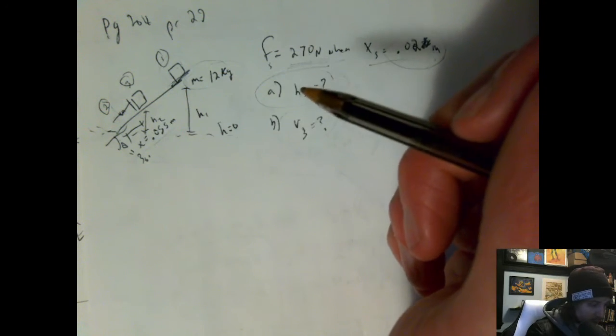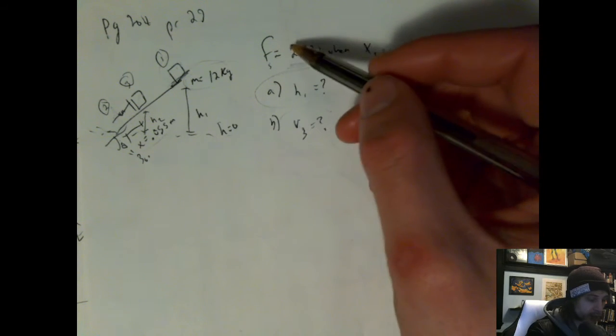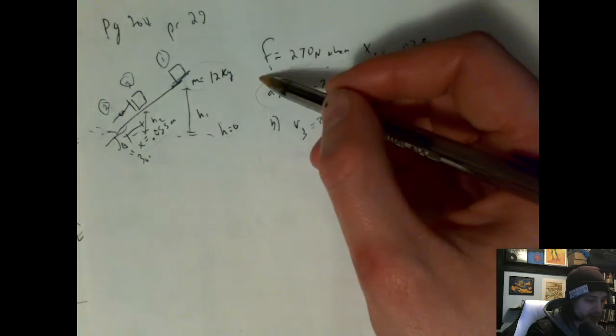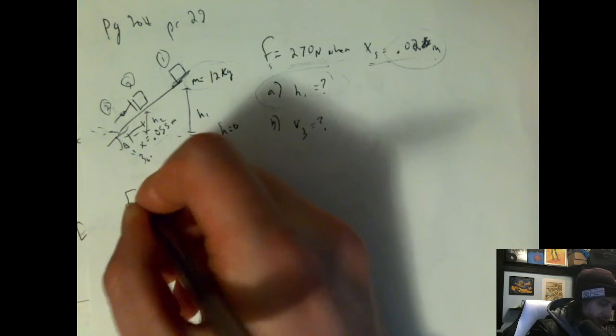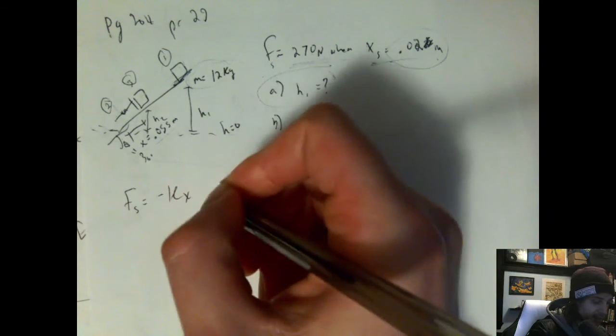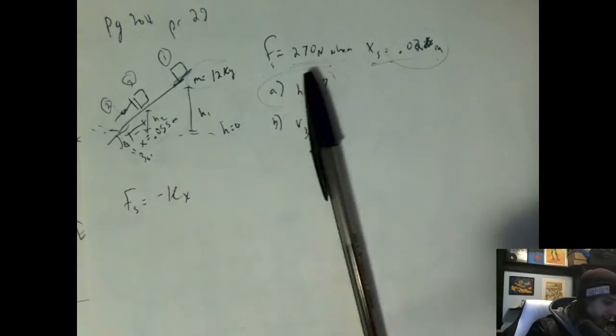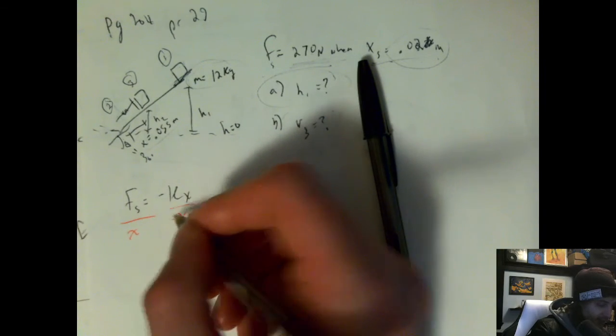So first thing I look at, and I can figure this out pretty quickly, is the spring constant using the amount of force and the compression distance, because the force from a spring is equal to negative kx. If I want to find k and I have force and x, I just have to divide by negative x.